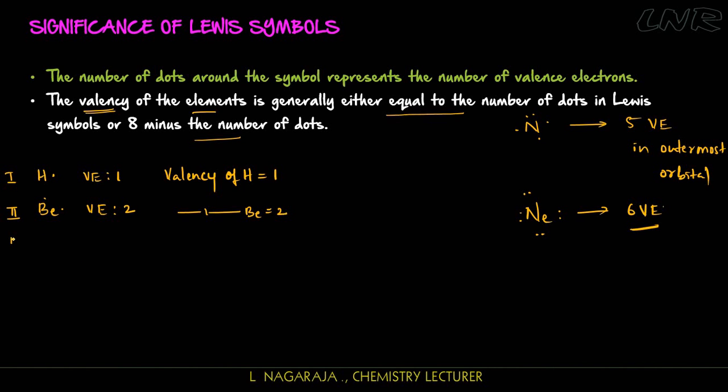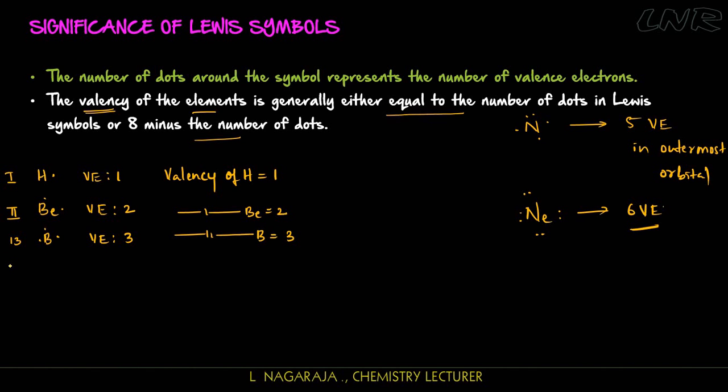And next let us take 13th group elements, that is boron. So this boron has 3 valence electrons. So valence electrons in the 13th group elements is 3, and the valency, especially for boron, is equal to 3.